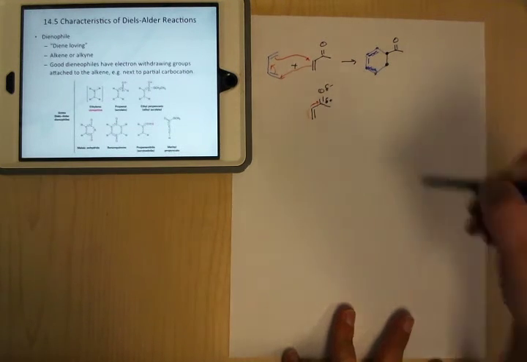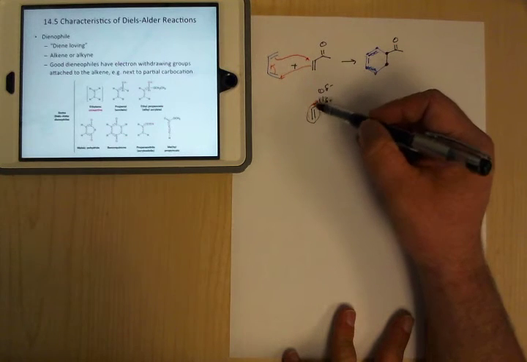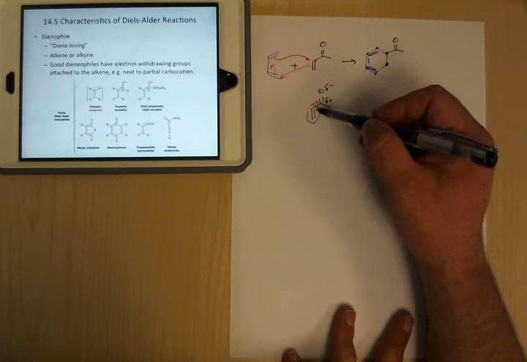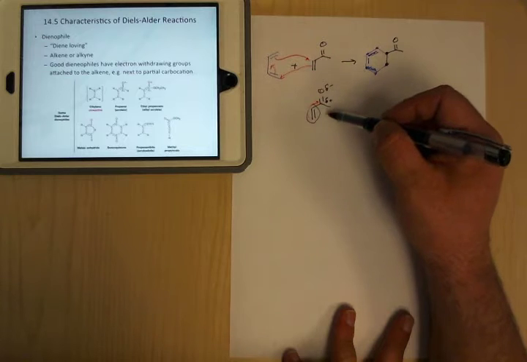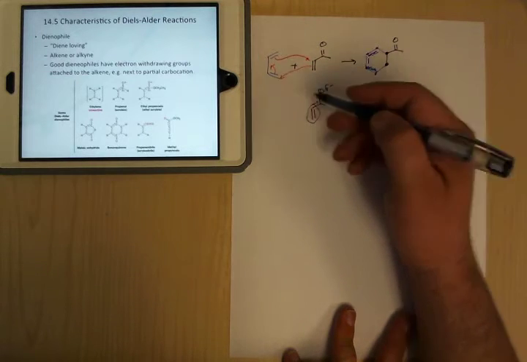So what you want is for this to have low electrons. You want to have electron withdrawing groups on here.